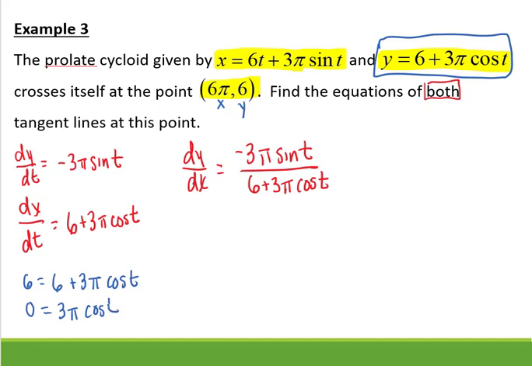Cosine equals 0 when t equals plus or minus, I don't know why I have a square root in there, what am I doing, π over 2. So I need to evaluate this at π over 2. When I plug in π over 2, kind of fun, on the top I get the sine of π over 2 is 1.